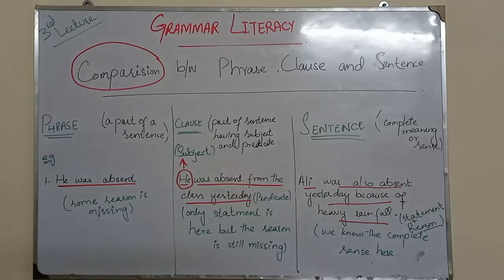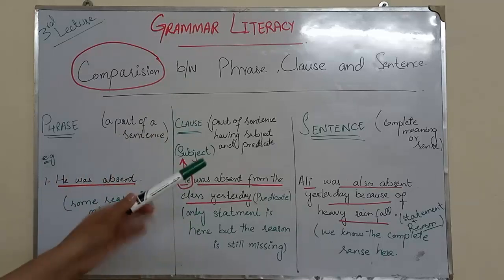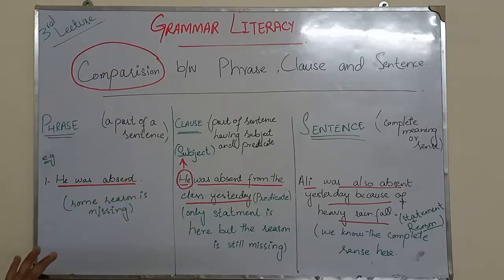Students, now it's a very short lesson. Once again, I'm going to tell you that a phrase is a part of a sentence, a clause is a part of a sentence having a subject and predicate, and a sentence is a group of words that conveys the whole thought. There is nothing left. So I hope you will understand the whole concept.